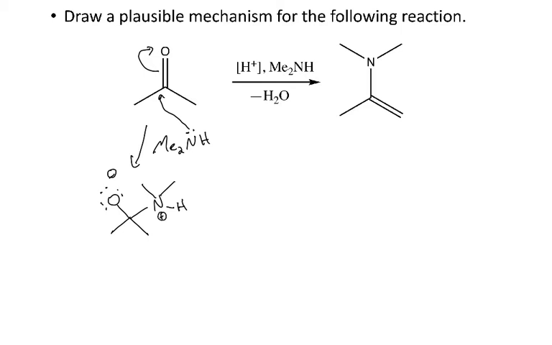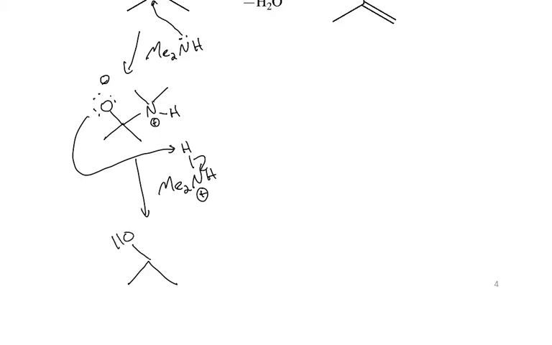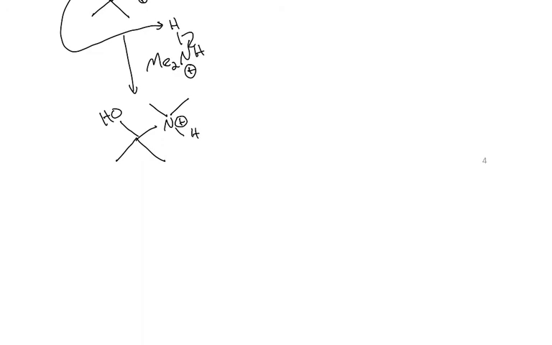The first proton transfer, we're going to protonate this negative oxygen. And then in the second proton transfer, I'm going to get rid of that H on the nitrogen to give us a neutral intermediate.